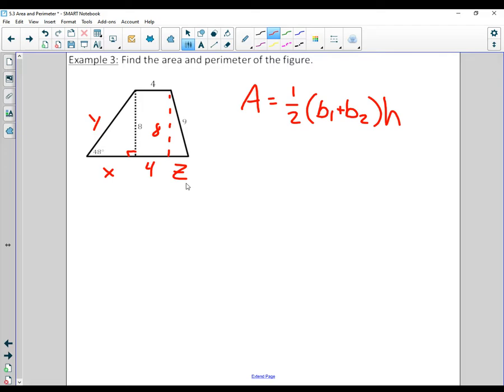I don't know X or Y. So what's the other one? Two different ways.